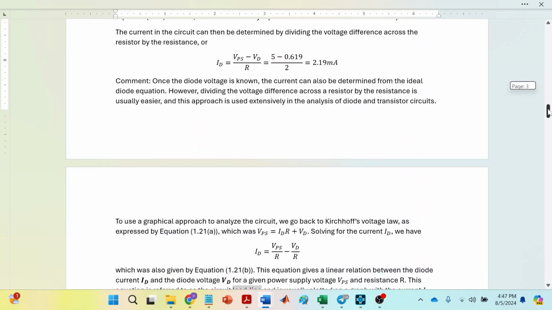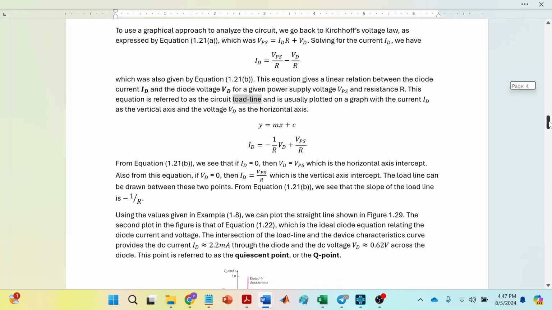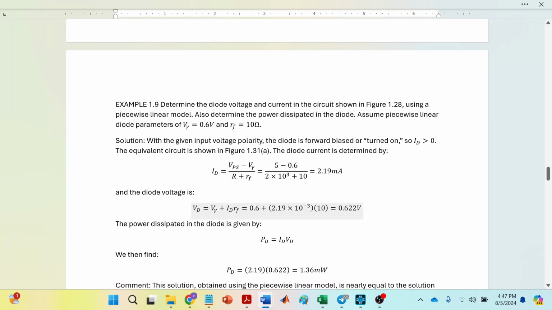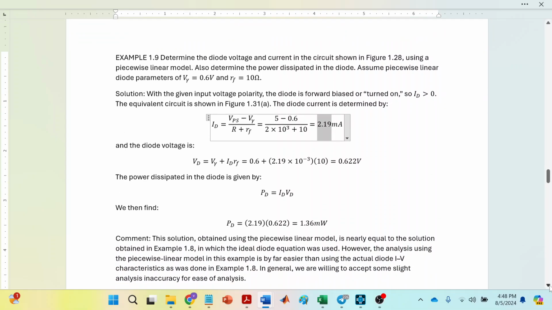So we just simply use the piecewise linear model and put in the values we already have. Then we get 2.19 milliamp, which is about the same diode current we have gotten previously.